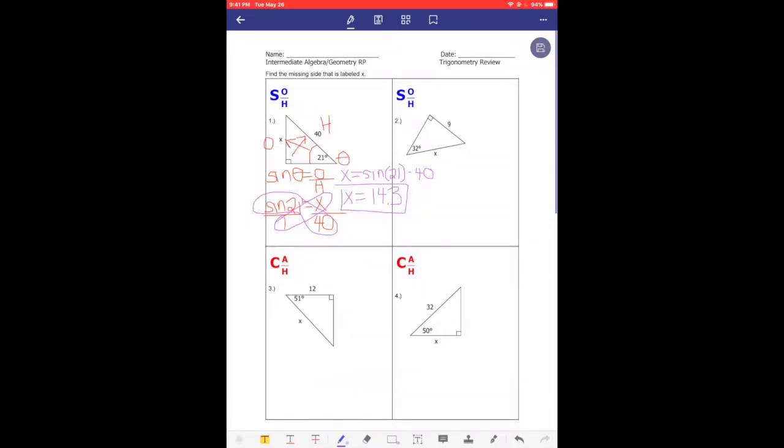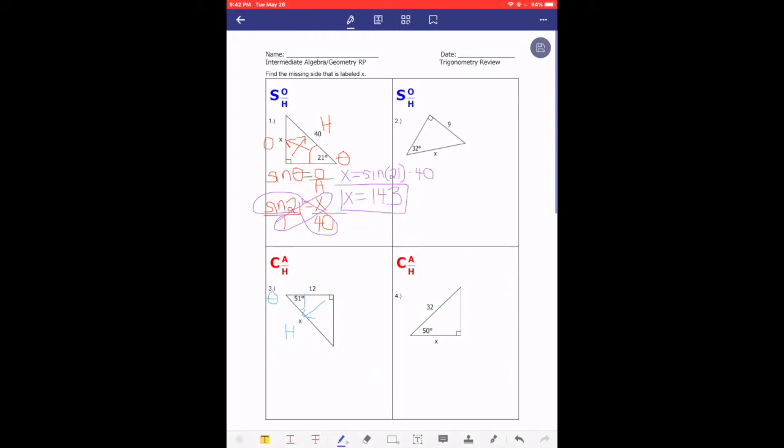For question 3, I tell you here that you have to use the cosine function, but if we label these, we'll see that we are using the adjacent and hypotenuse sides. So the angle is 51. Again, that's my theta. The side that's opposite the right angle, the 90-degree angle, is automatically hypotenuse, which leaves the 12.